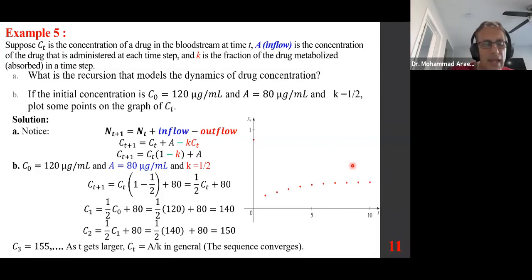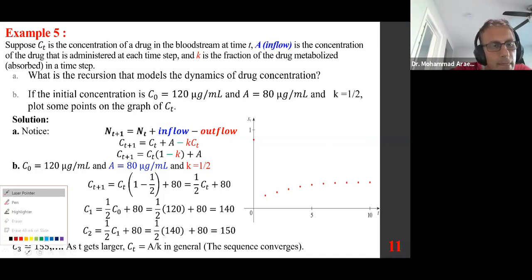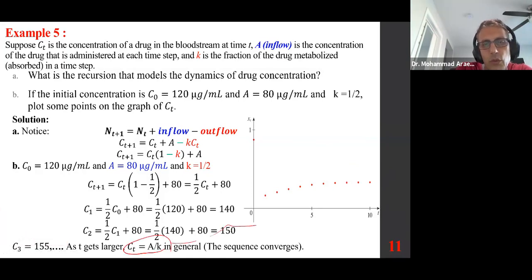It so happened that this concentration, no matter what we do, the maximum is A over K, as T goes to infinity, in essence. A is 80, over K, which is 1/2.